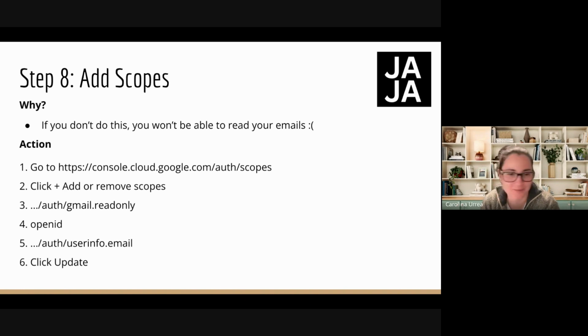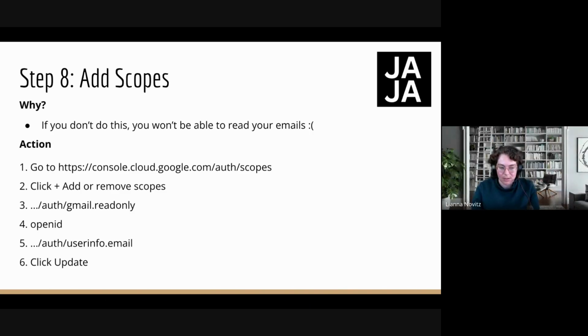I was trying to play a little bit of catch up, and I was doing the add scopes. Just a quick question regarding the OpenID. Is that also going to be in the Gmail API? No. So the only scope that you're adding in from the Gmail API is the gmail.readonly, and then everything else is not in the Gmail API.